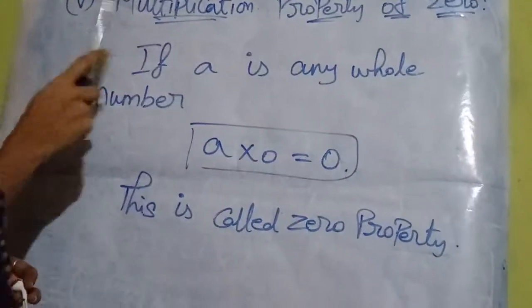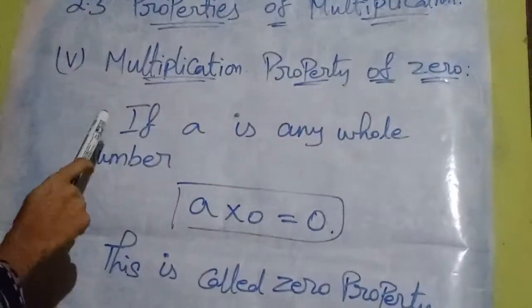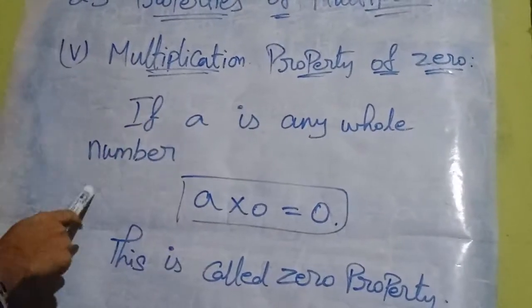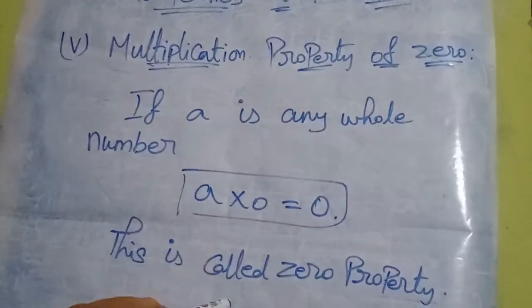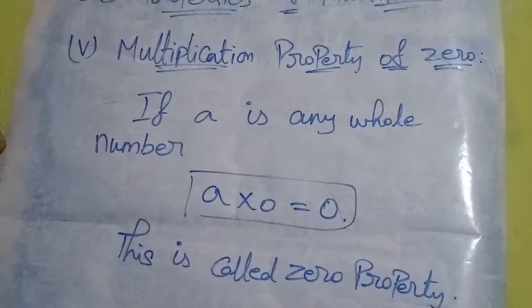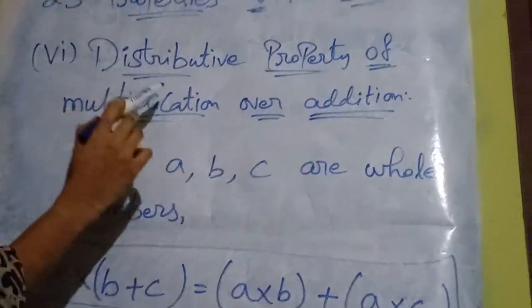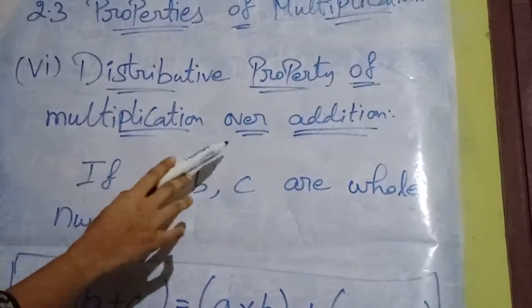The fifth property is multiplication property of 0. If A is any whole number, A into 0 is equal to 0. This is called zero property. The next one is distributive property of multiplication over addition.